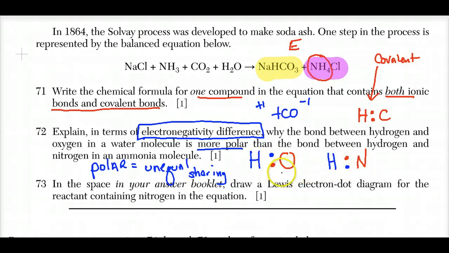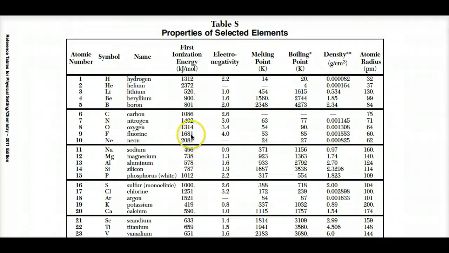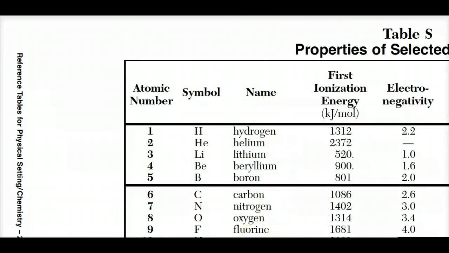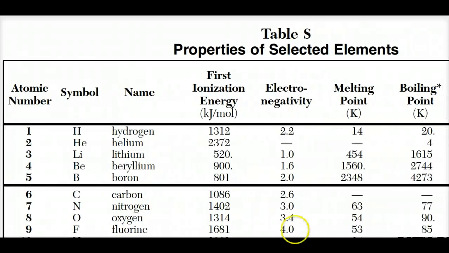But to confirm that, let's go to reference table S. And here it is, table S lists all kinds of information, symbols, the names, ionization, electronegativity, melting, boiling, density, atomic radius. We're going to look at electronegativity. Now hydrogen, okay, from reference table S is 2.2. So it's going to stay the same for both, right?